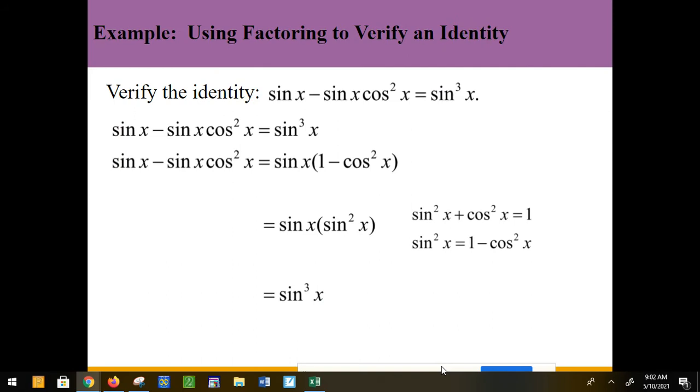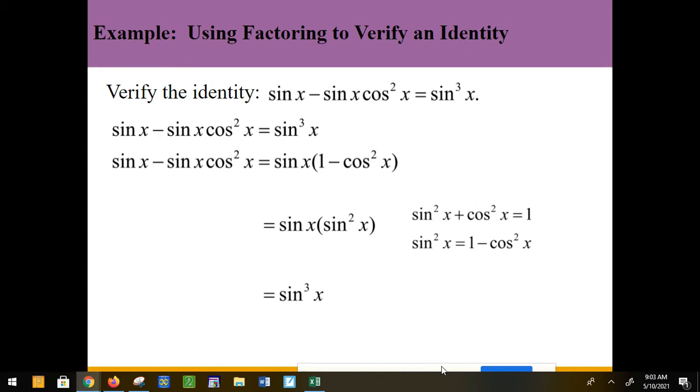So if your goal is to verify this identity up at the first line here, sine of x minus sine x cosine squared x is equal to sine cubed x, we're going to try to manipulate one of the sides to look like the other side. It was suggesting to manipulate the more complicated side to make it look like the simpler side.